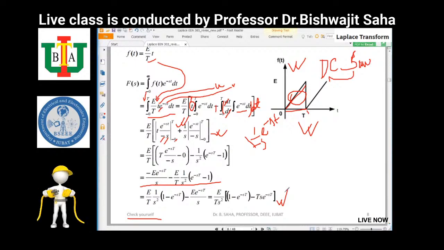Comparatively easier than Fourier series. Because in the case of Fourier series, if you want to find the sawtooth wave Fourier series, you have to do long calculations: a0, an, you have to find double. But in the case of Laplace transform, you just do it once. Very easy.